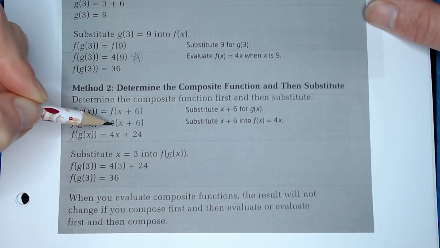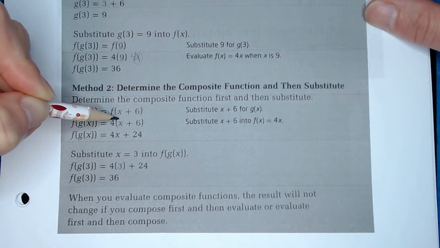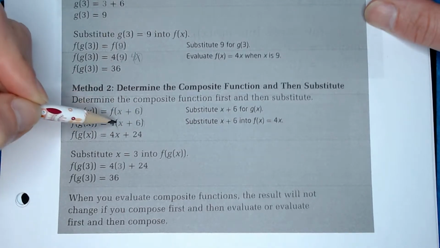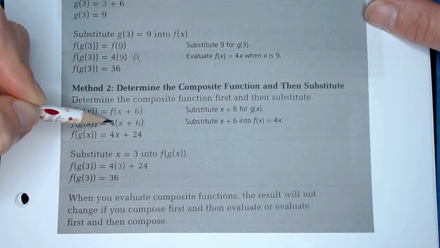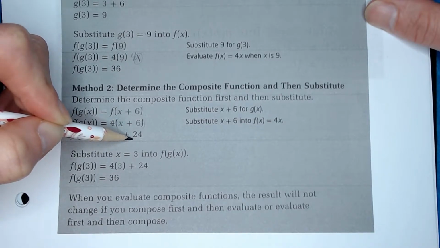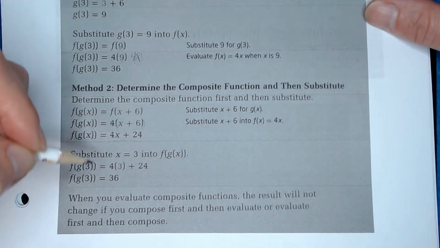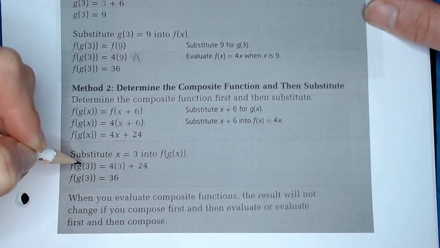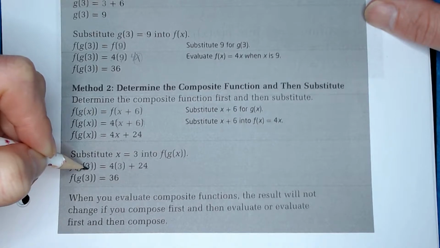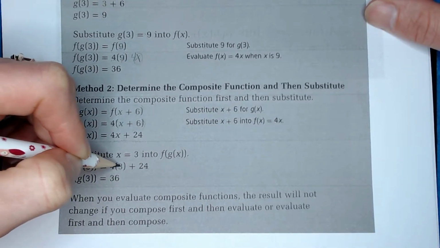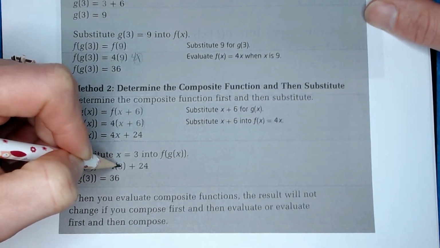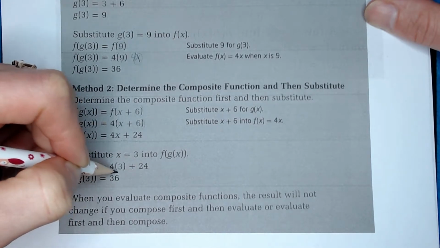And then figure it out: 4, and then wherever there's an x in f of x, we put x plus 6. 4 times x is 4x. 4 times 6 is 24. Once you have this formula, then you can take that value of 3 that was given and substitute the 3 in. 4 times 3 is of course 12, plus 24 gives us 36.